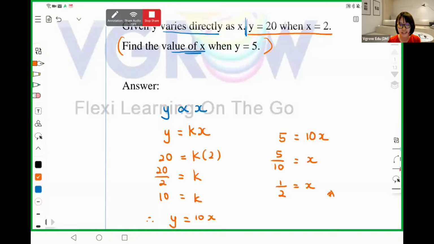It's just that simple. First, write out the variation form and change it into equation form. Find the value of k, then use it with what the question asks, and you manage to find the answer. Just that simple.